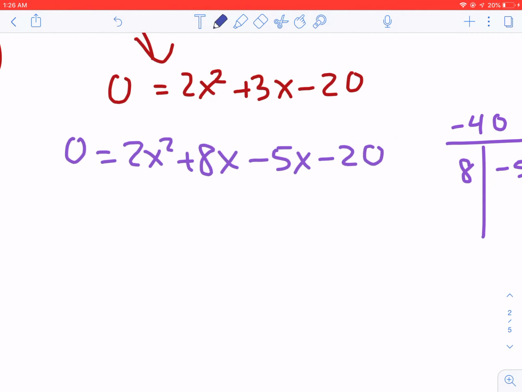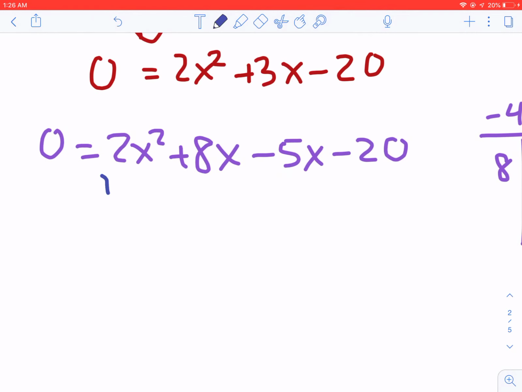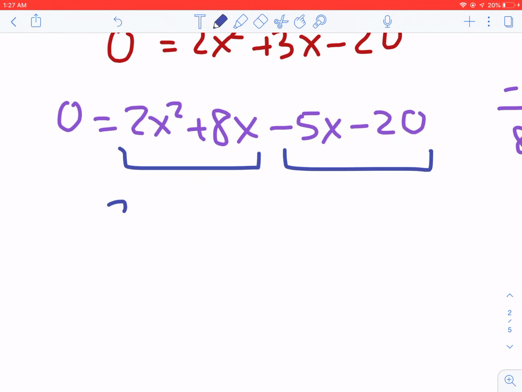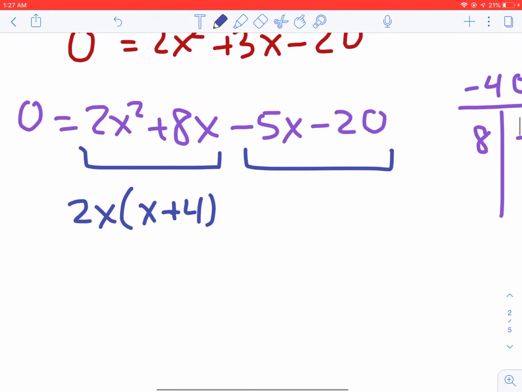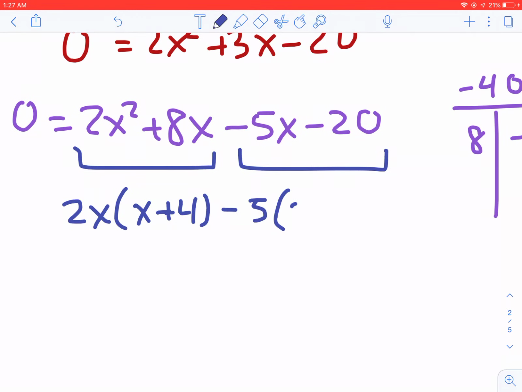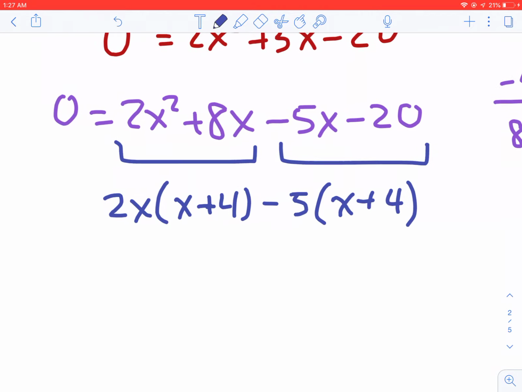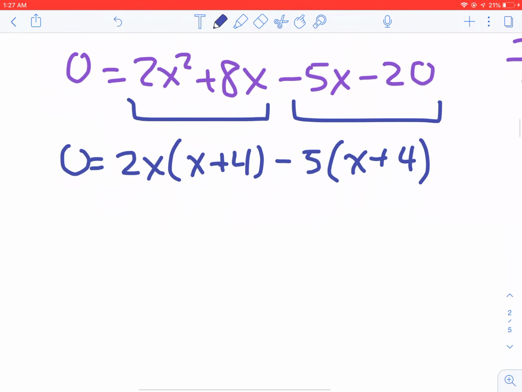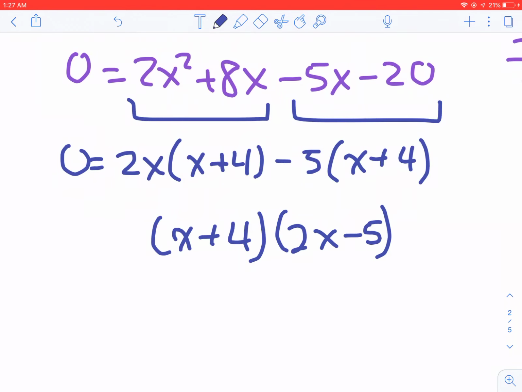Alright, we have 4 terms. Why did we want to get 4 terms? It's so we could factor by grouping. Factor out a 2x here, x plus 4. Factor out a negative 5 here, x plus 4. And x plus 4 is a GCF that comes out. 2x minus 5 is on the outside, that will be the other parentheses.